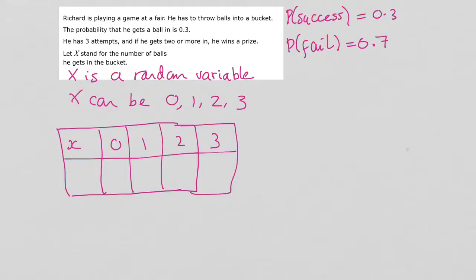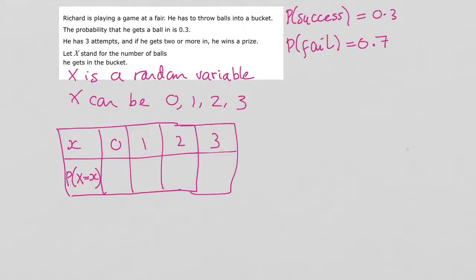And what we have is the probability that the random variable x takes each of these little individual values. So we're going to work out the probability that x could be 0, x could be 1, x could be 2, x could be 3. And then this overall is called the probability distribution. It shows us the probabilities related to each of these values occurring.